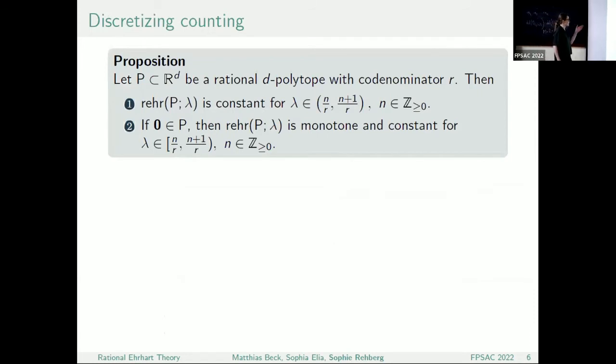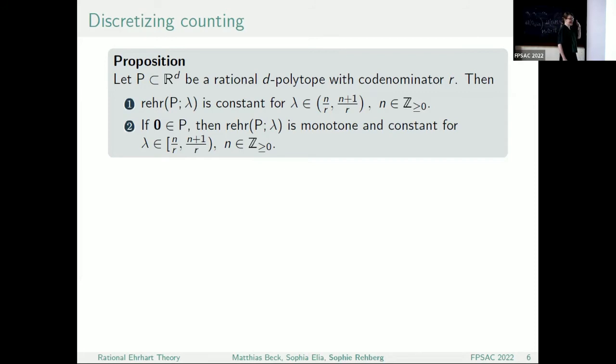So if we have a polytope, this rational Ehrhart counting function is constant on open intervals from n over r to n plus 1 over r, where n is a natural number. And then if the polytope contains the origin, as we've seen in the example, and it's true in general, this counting function is monotone, and we can close the interval on the lower bound.